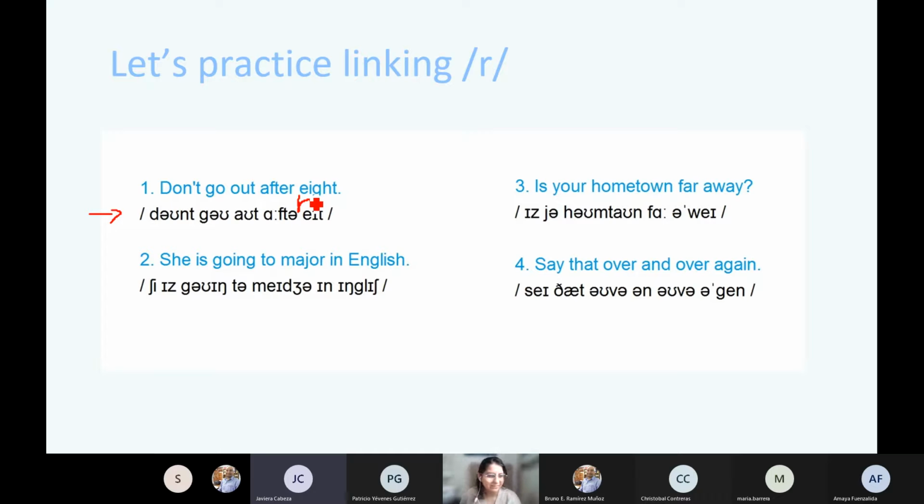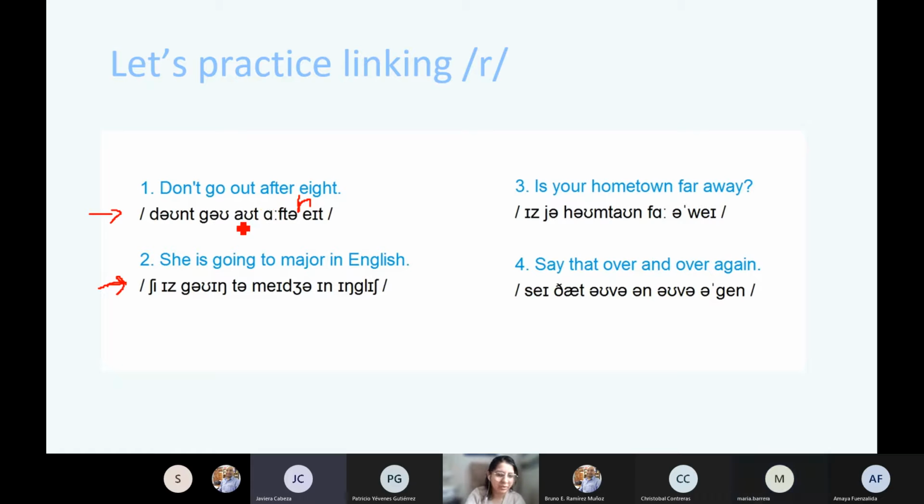Number 2 says, she's going to major in English. Maria Fernanda, can you add the linking R in this example, please? In number 2. Okay. She's going to major in English.